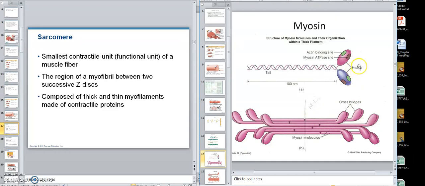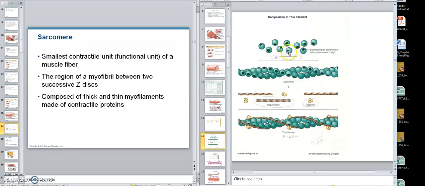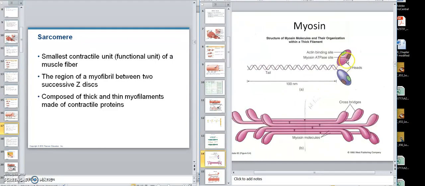Now, when we look at each head, you've got to study this. There are 3 things that come into play on each head. Something called the actin binding site. Remember, on actin we had a myosin binding site, that dot, but on myosin we have an actin binding site.